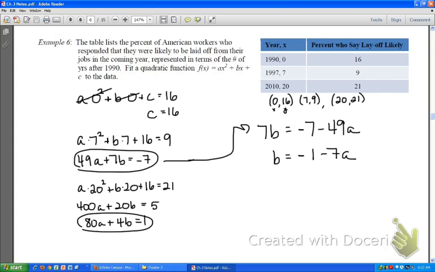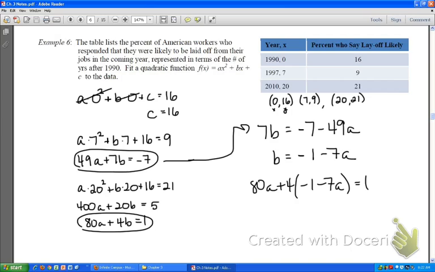And now I just want to take that and plug it into this B right here. So if I do that, I'm going to have 80A plus 4 times my B value, which is negative 1 minus 7A, equals 1.